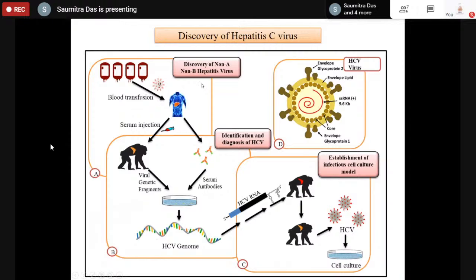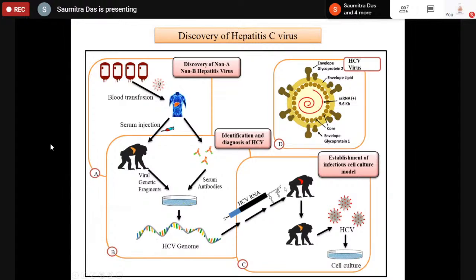So you can see how the research progresses. Initially there was an observation by the Alter lab to show that a non-A, non-B viral hepatitis exists. If you isolate that serum and inject it into a chimpanzee, it causes the disease. And if you isolate the viral genetic fragments, make an expression library, and probe it with the antibody from the serum isolated from the patient, you could show that this is the virus that causes the disease.